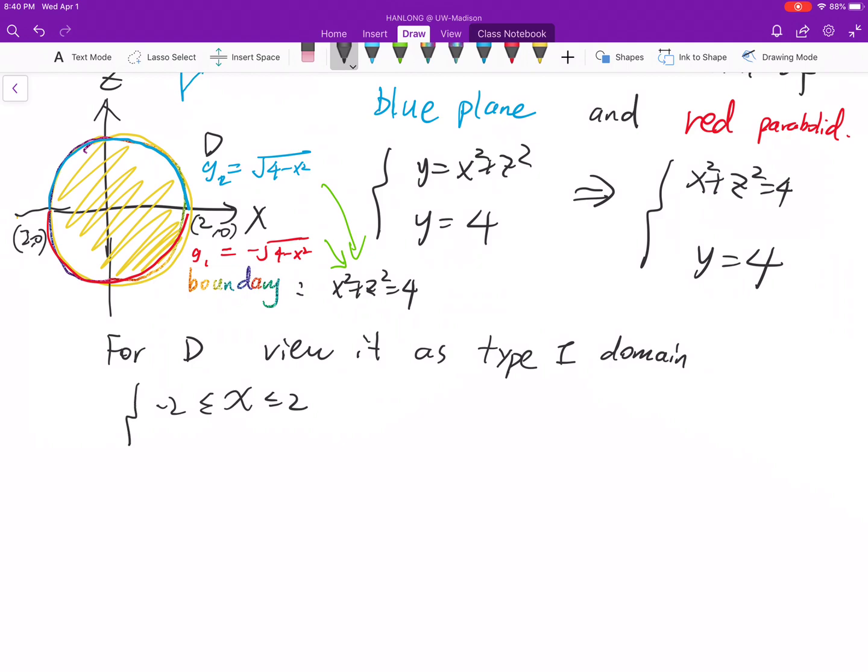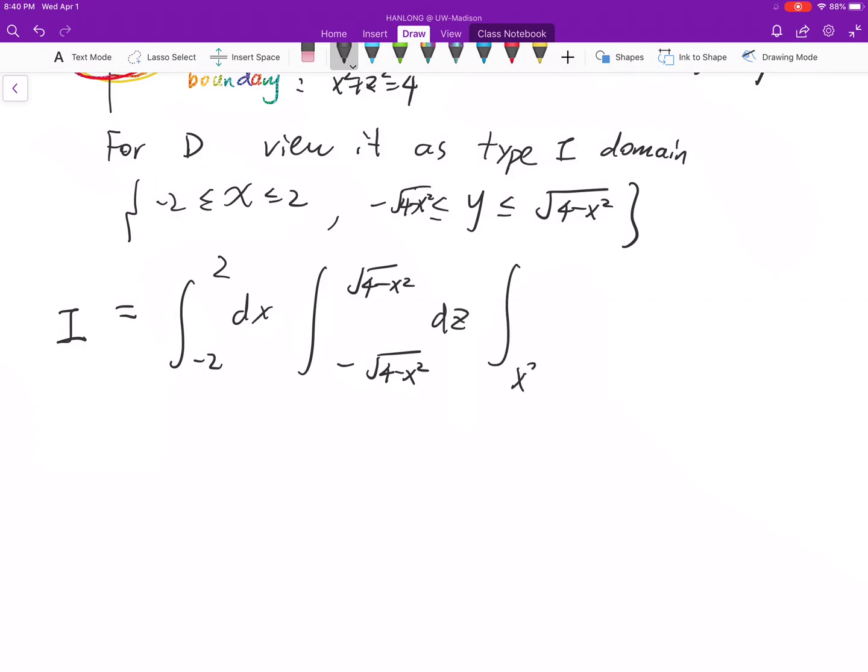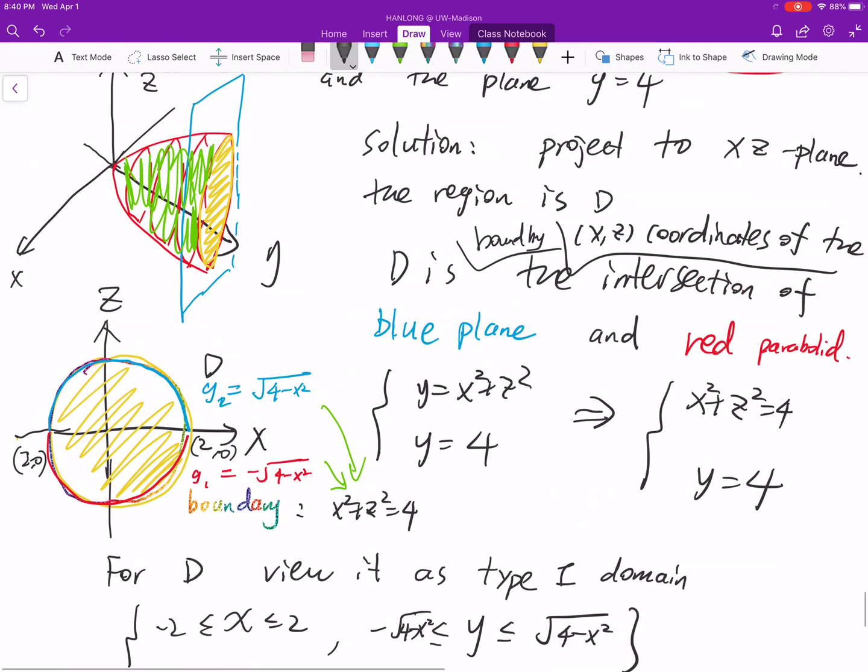Okay, so z is between negative square root of 4 minus x squared and positive square root of 4 minus x squared. Therefore, your integral can be written down as the integral from negative 2 to 2 dx, negative square root of 4 minus x squared to square root of 4 minus x squared dz, and x squared plus z squared to 4. This is from this part.